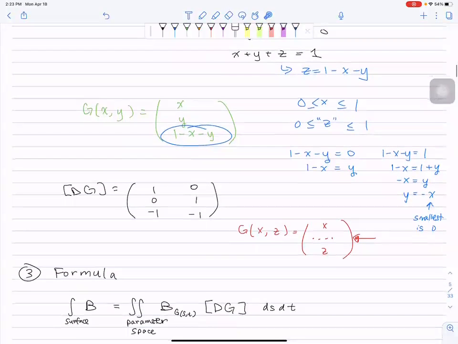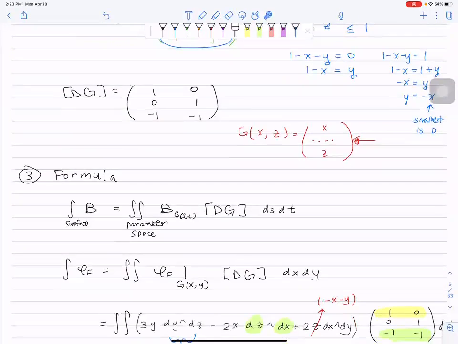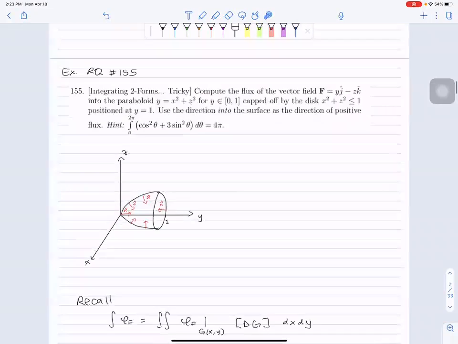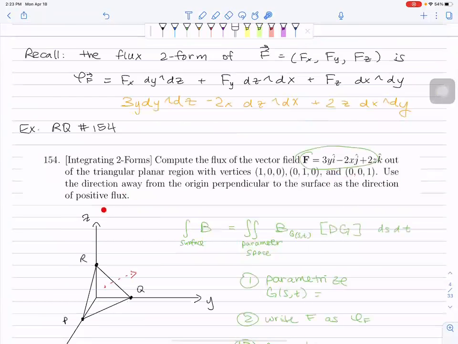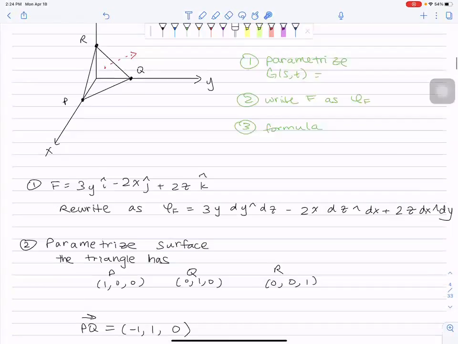All good? Okay. So I was told that in the study guide, you wouldn't have to know complicated orientations. In this problem, our positive flux direction was outwards and perpendicular, so that was fine. We could follow the formula as usual.